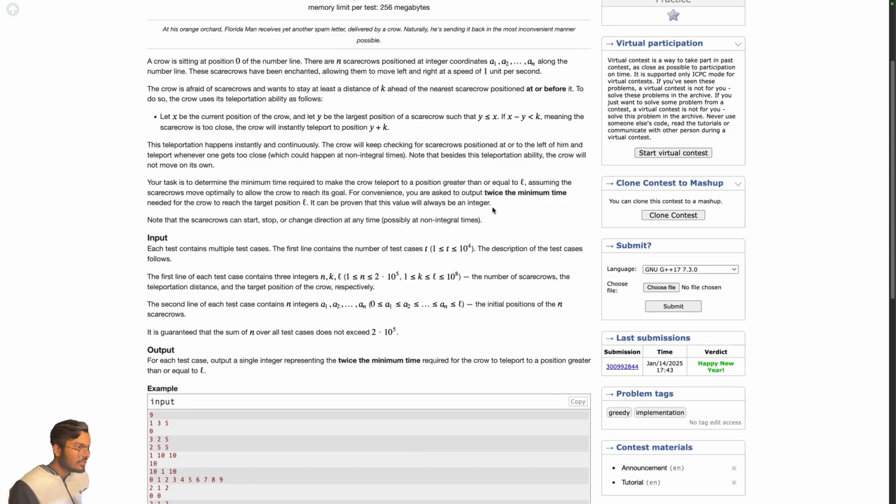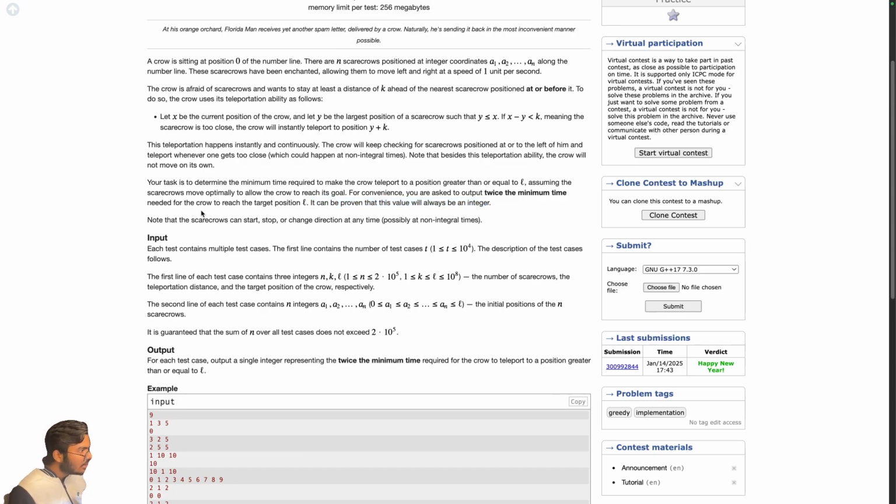For convenience, you are asked to output twice the minimum time needed for the crow to reach the target position L. And it can be proven that this value will always be an integer. In this video, I will not be proving that, because I don't really know how to do that, and I will just assume that it will always be an integer.